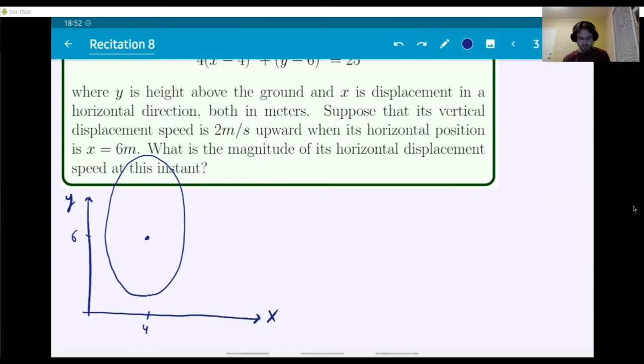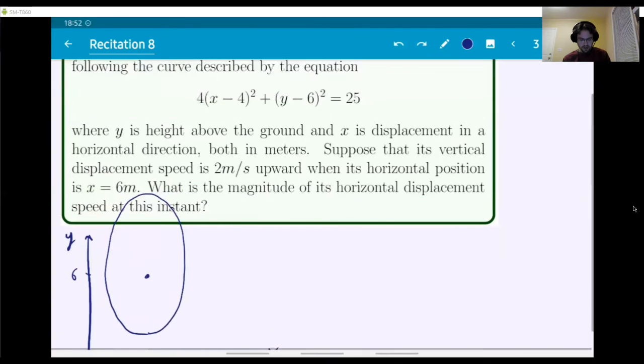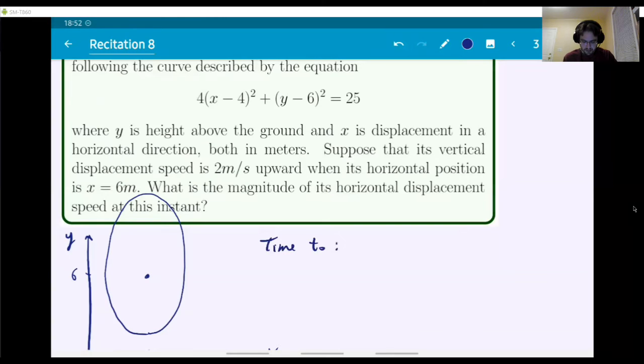All right, so I'm going to go back to the problem. Suppose that its vertical displacement speed is 2 upward when its horizontal position is 6. So this is the information given at the instant you are interested in. If you're talking about some time t0, this does not mean the initial time.